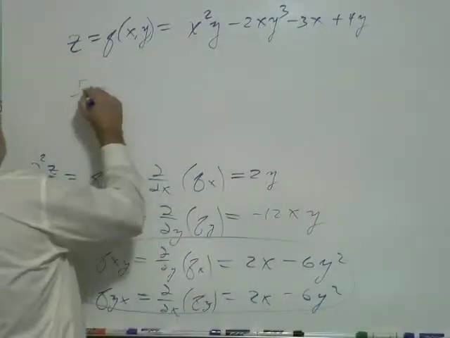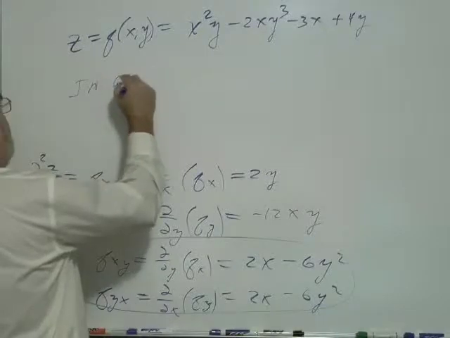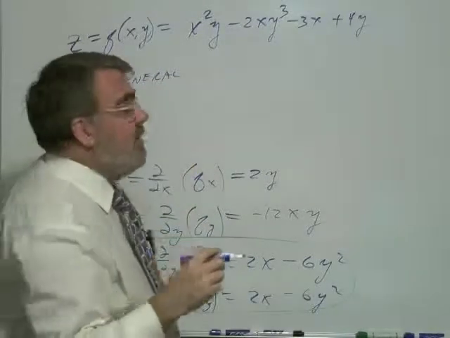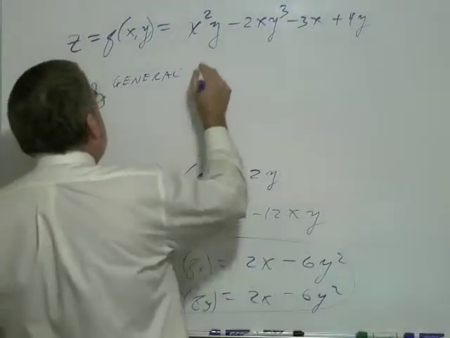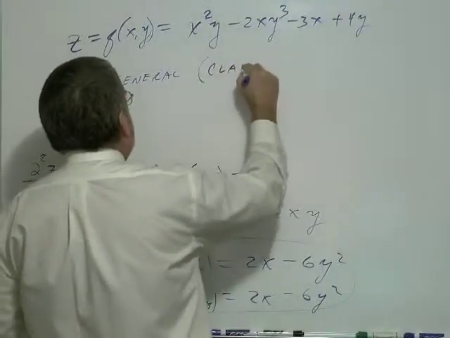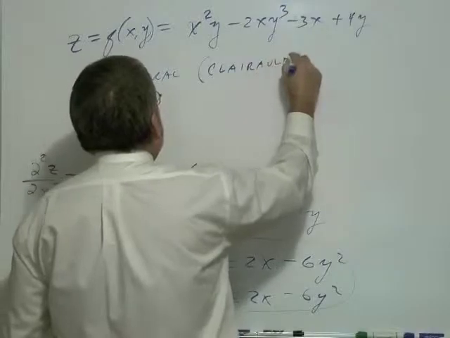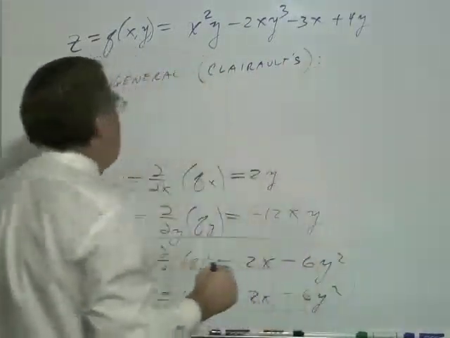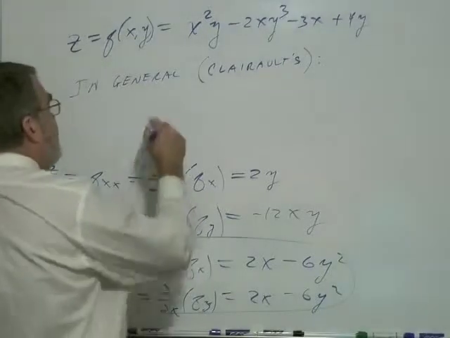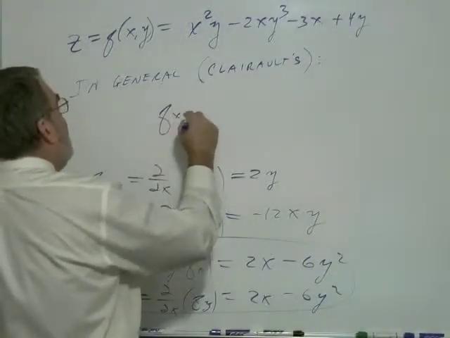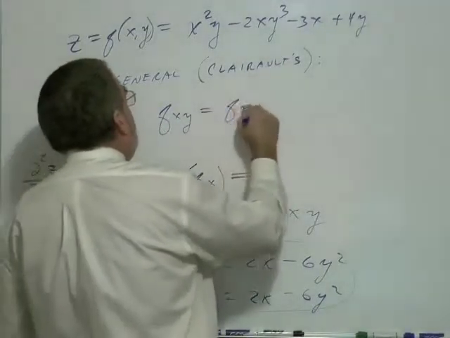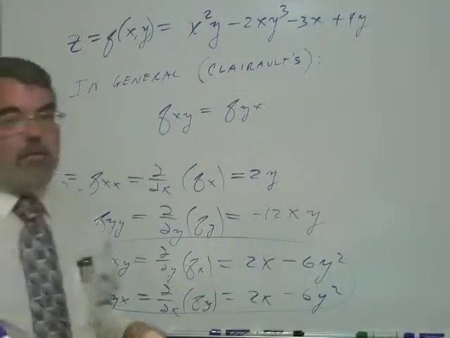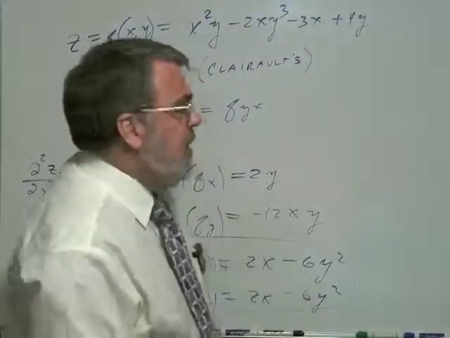But in general, and this is actually a theorem. I think it's called Clairaut's theorem. I'd have to look that up. Let me put that on here, and I hope I don't have the wrong name here. Clairaut's theorem says that these mixed partial derivatives are in general equal under the normal conditions that we would be thinking about.